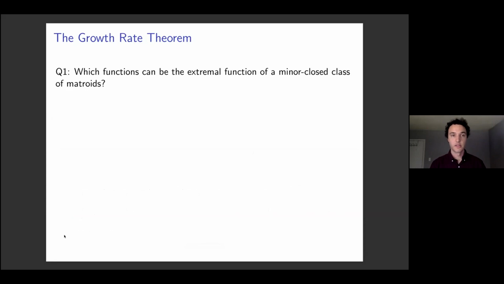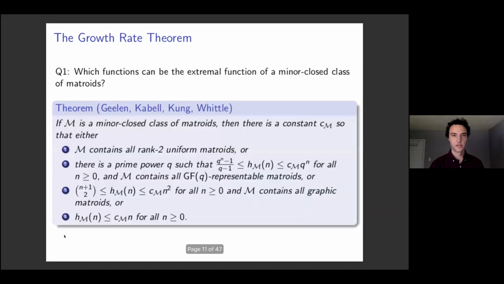And this question is broadly answered by the growth rate theorem. It's a combination of several papers by various subsets of these authors, Geelen, Cabell, Kung, and Whittle.